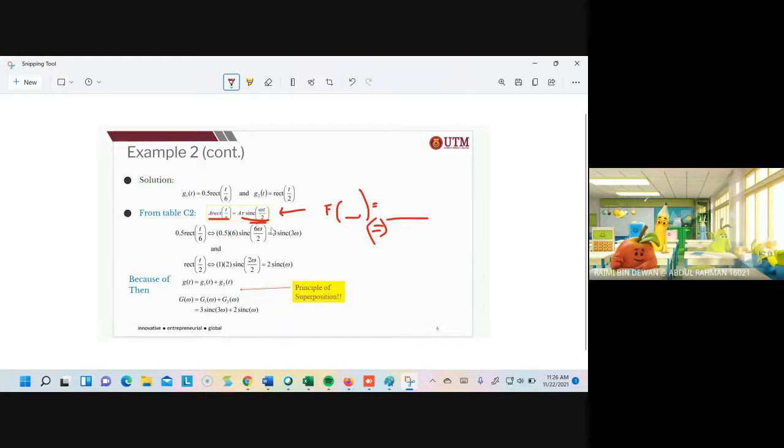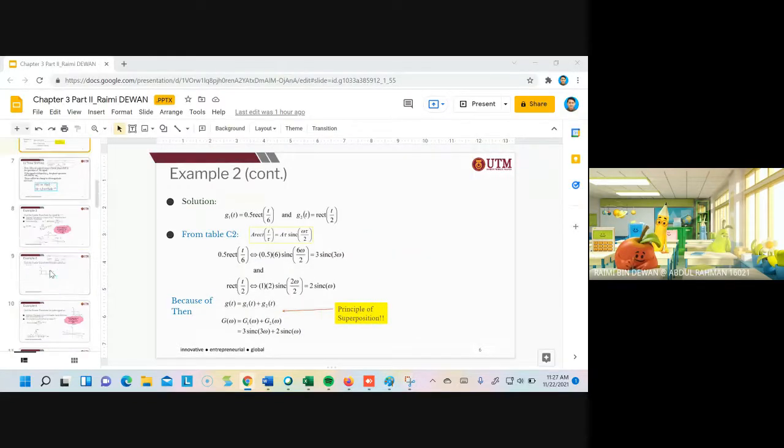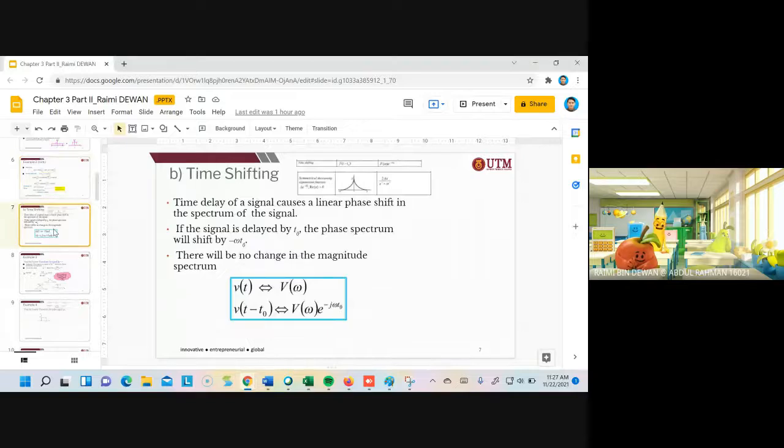Then you see here, because of the superposition, it's just a plus in the signals in the frequency domain. So time delay, sorry, time shifting.